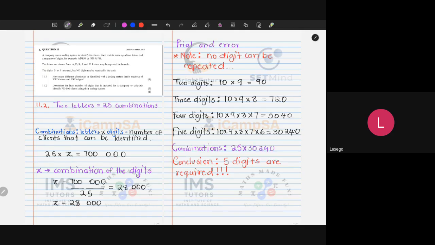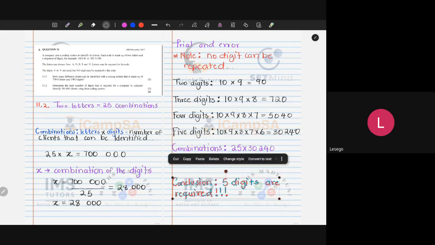And what is the answer, guys? This number must be bigger than 700,000. What is it?